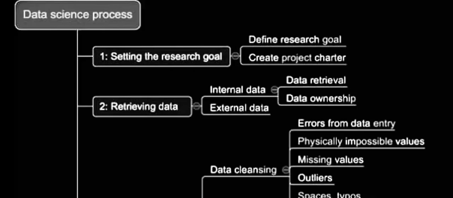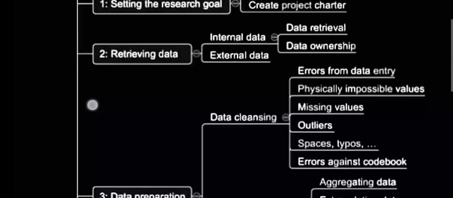The data obtained from these external sources is known as external data. By using external data, we need to have the permission to use it for our data science process. But if you're using internal data, then we don't need any such formalities because it's our data, right?